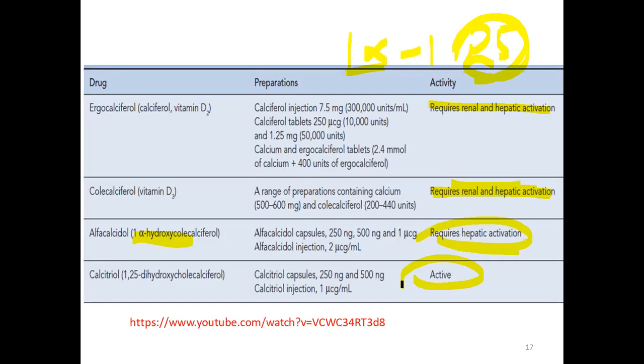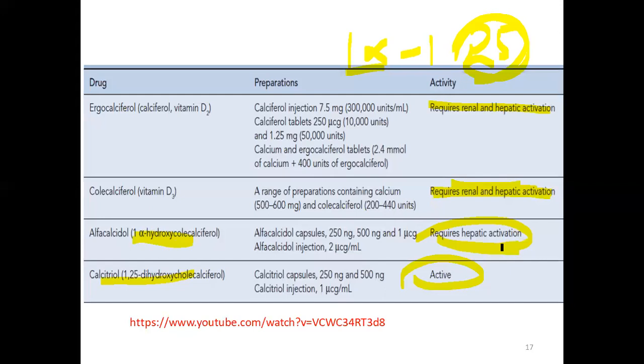So this is the difference between the two, and you need to differentiate between them. Among vitamin D analogs, those first three are prodrugs, but calcitriol is very active. It can be given immediately without any need of hepatic or renal activation.